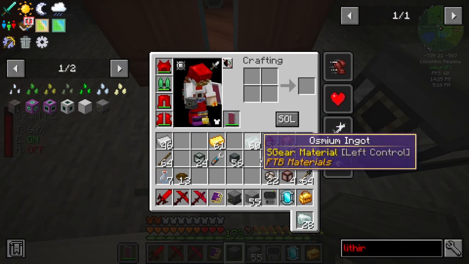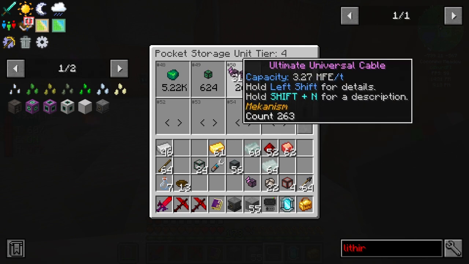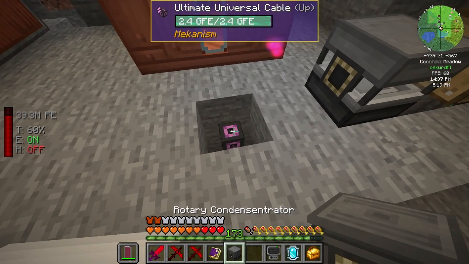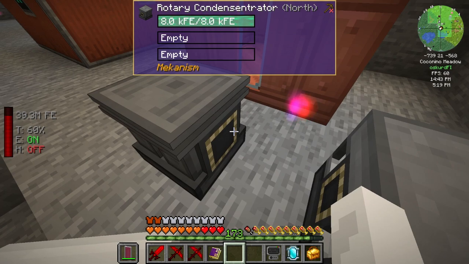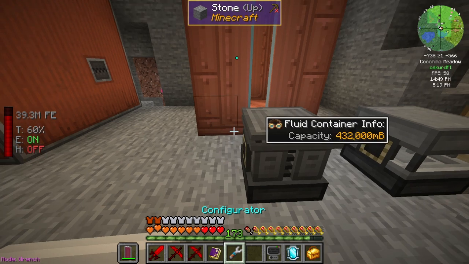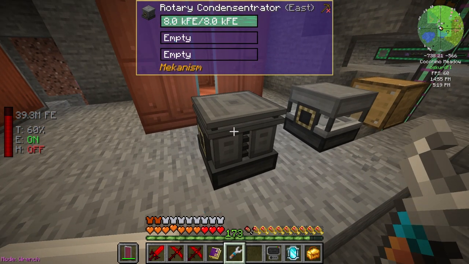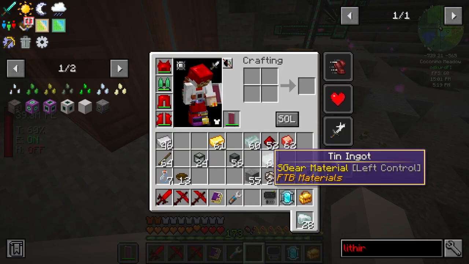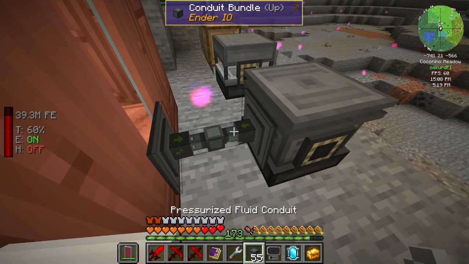So now we are feeding power from here into our machine, which is right here. And where there's a large square and small square, I assume the large square is for becoming liquid, and the small squares out. But let's see what you say. Everything is connected as it should be.